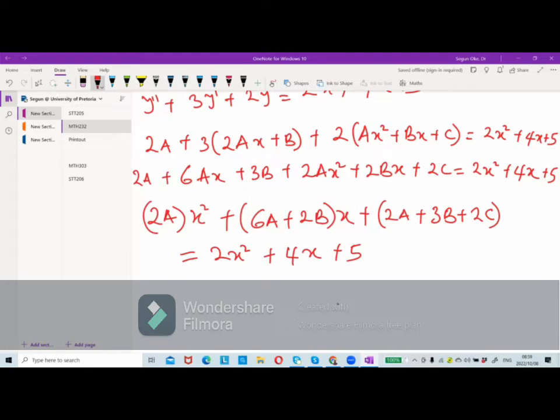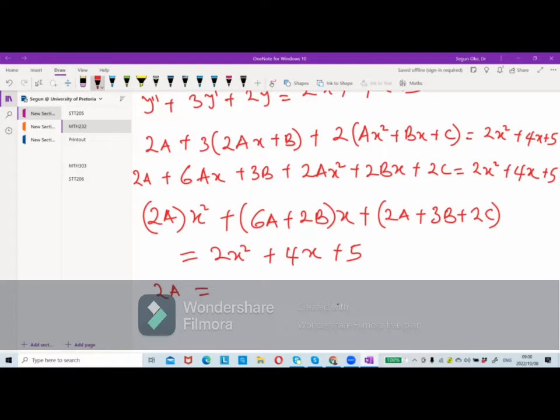Now we will be solving them one after the other. All the x squared equated to the x squared coefficient. So we pick it like I did the other time. 2a is equals to what now? It is equal to 2, not 2x squared, because x squared would have cancelled x squared.